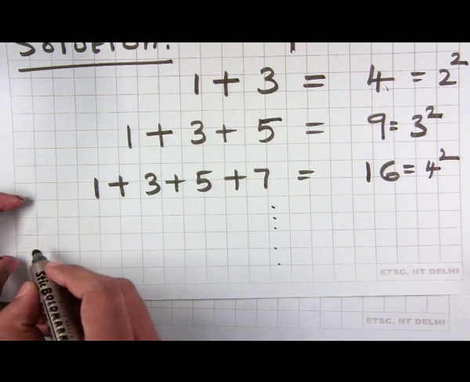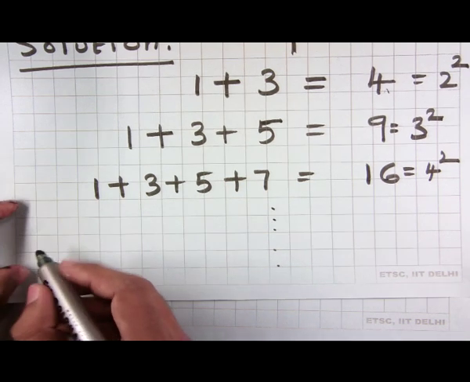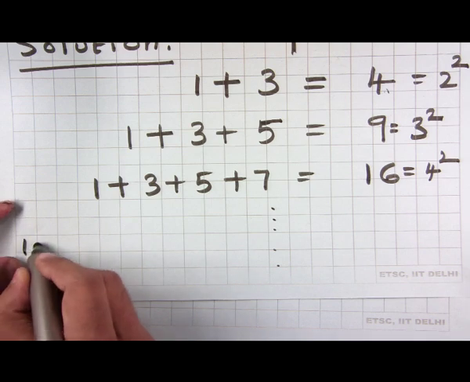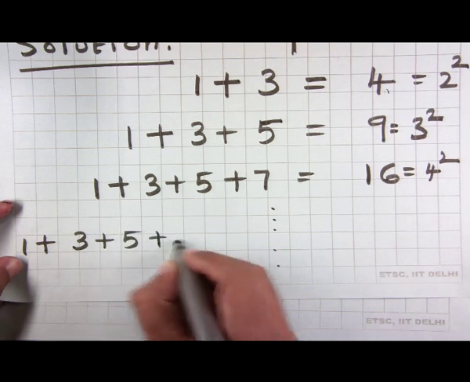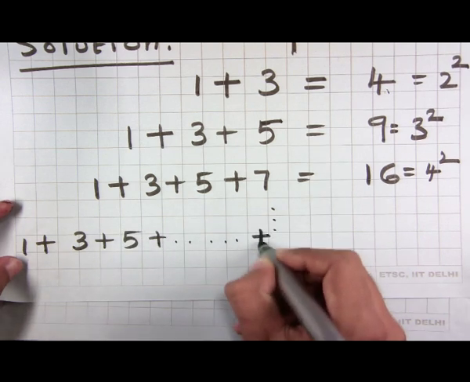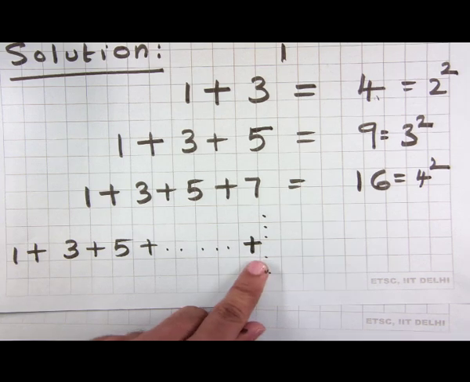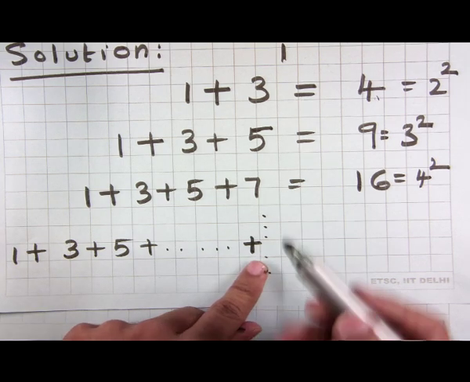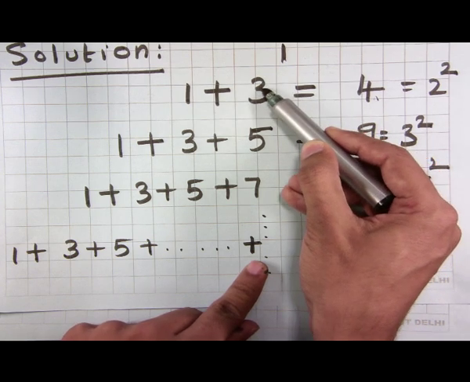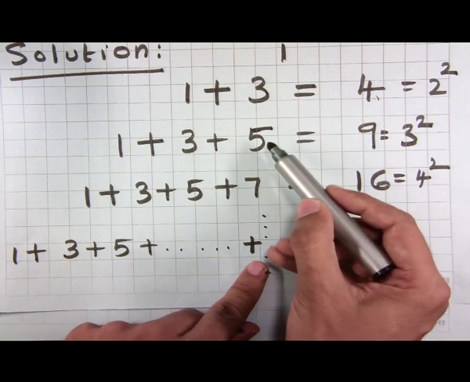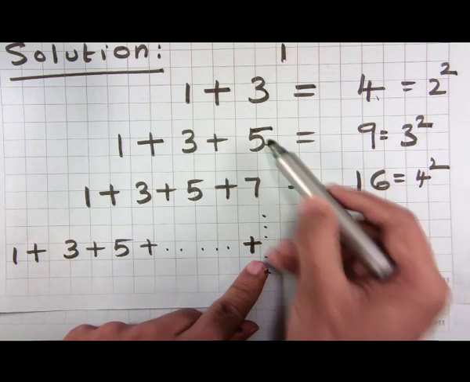Sum of first n odd positive integers, namely 1 plus 3 plus 5 plus etcetera plus the nth odd positive integer. See, the second odd positive integer is 3, the third odd positive integer is 5 and so on.